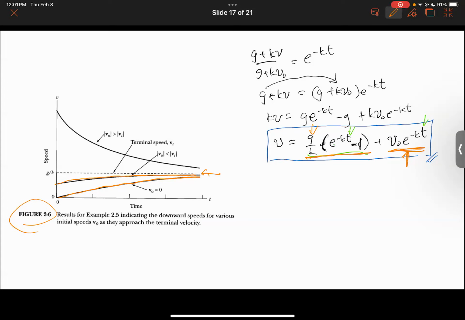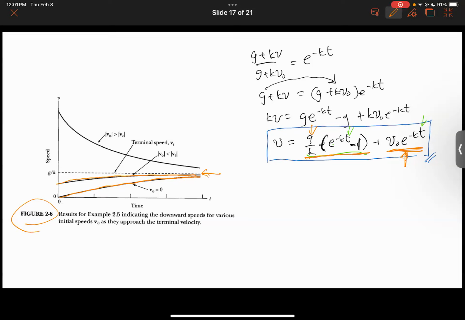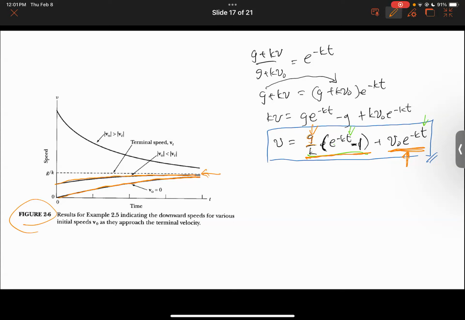Ano ang tawag natin diyan sa G over K? Remember, kung titignan niyo rito, G over K is a coefficient of this term, which means na ang units nitong G over K is units of velocity. So this means na ang G over K is interpreted as some type of velocity. And in fact, itong velocity na to ay tinatawag natin na terminal velocity.